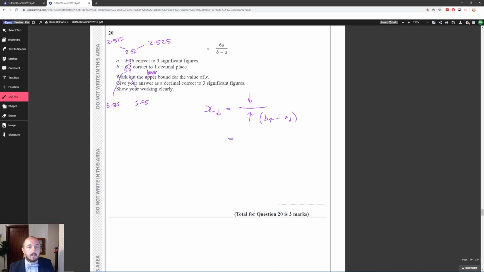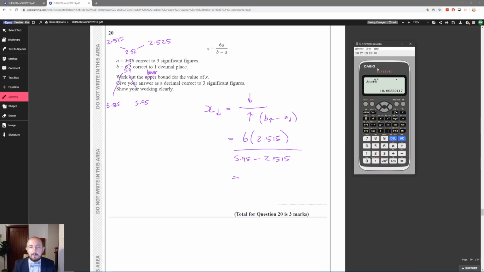So the smallest numerator will be 6a, so the smallest a that we can find, 2.515, and then we divide it by the largest b, 5.95, minus the smallest a, 2.515. Stick those in our calculator. The numerator is going to be 6 times 2.515, and then we've got 5.95 minus 2.515, and to 3SF that's 4.39.